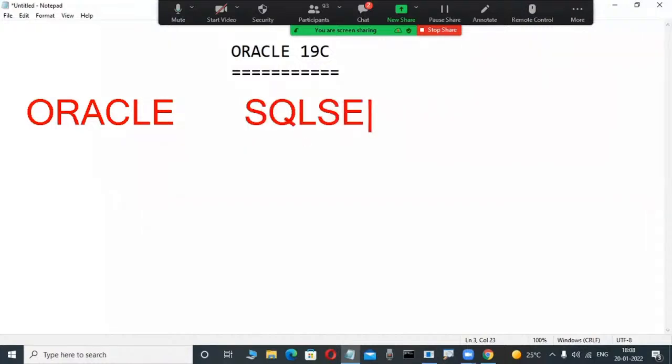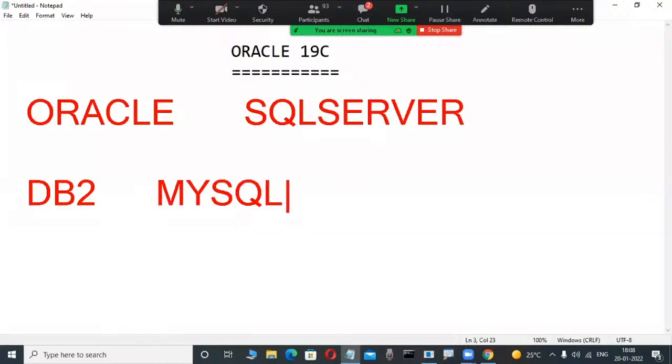SQL Server is a database product from Microsoft. DB2 is a database product from IBM. MySQL is an open source database product, but nowadays Oracle Corporation is purchasing it. Again, Sybase is a database product from Ingress Corporation.